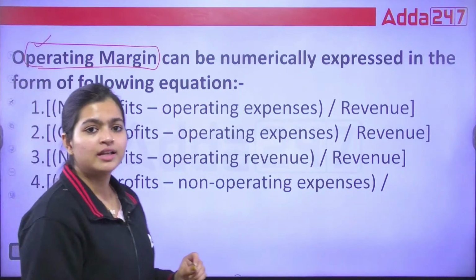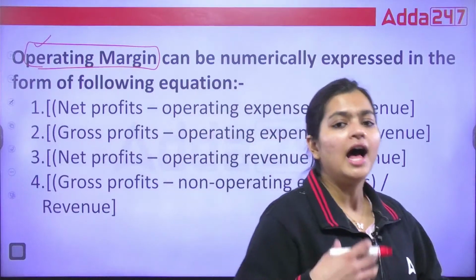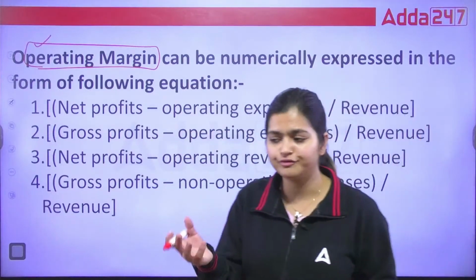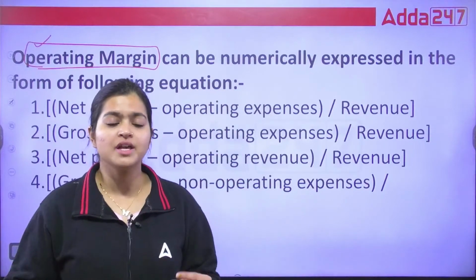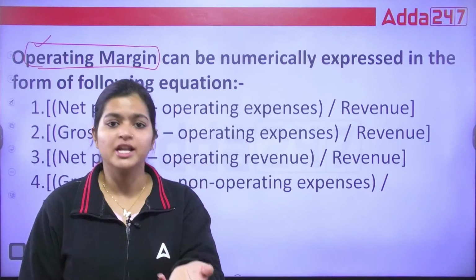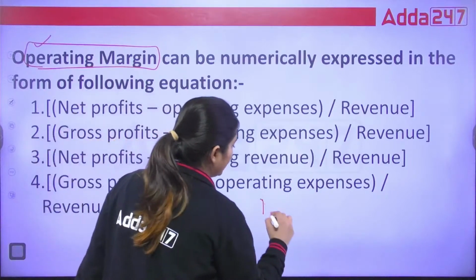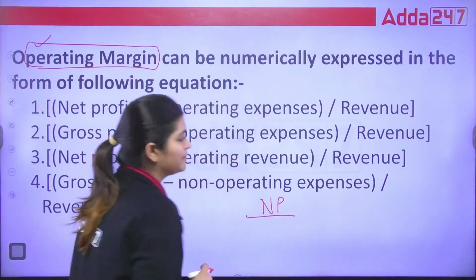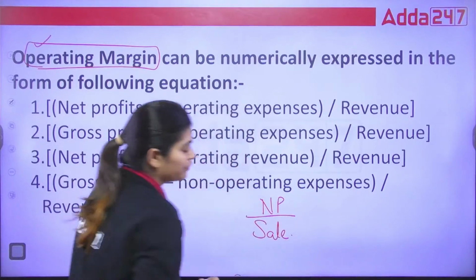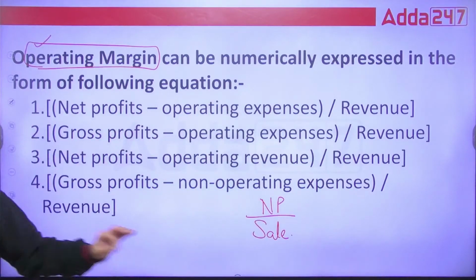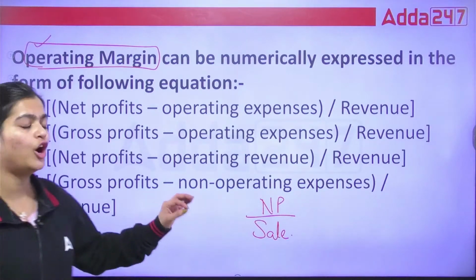Operating margin says how much amount we have after deducting your direct expenses and your indirect expenses. Finally, what is the profit? We can call that net profit. This net profit is measured against how much sale we have, that is the sales amount. So this formula we use.